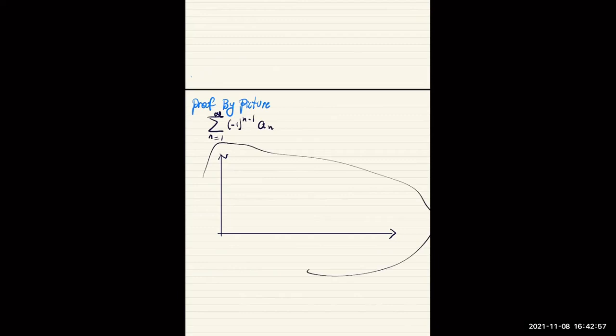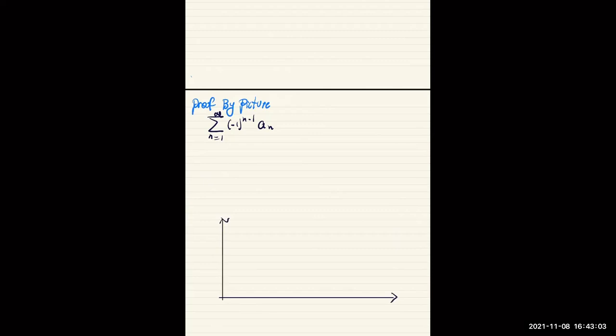So this is just like the alternating harmonic series that we discussed. And we are looking at this alternating series, sum from 1 to infinity of -1 to the n minus 1 times A sub n. And again, we'll be looking at partial sums.